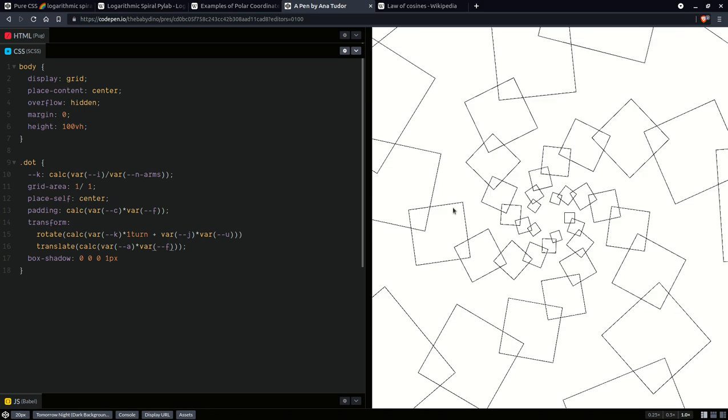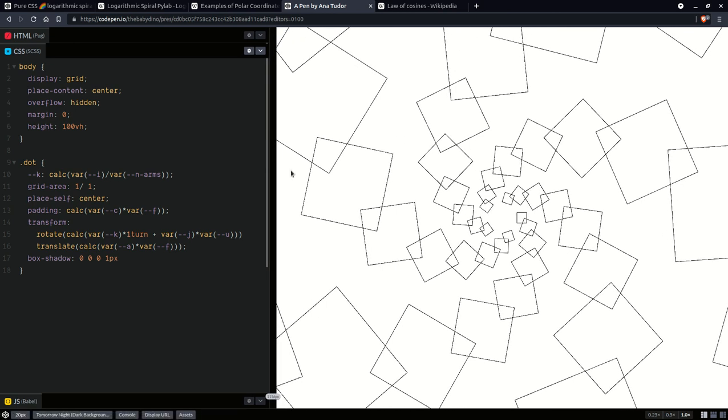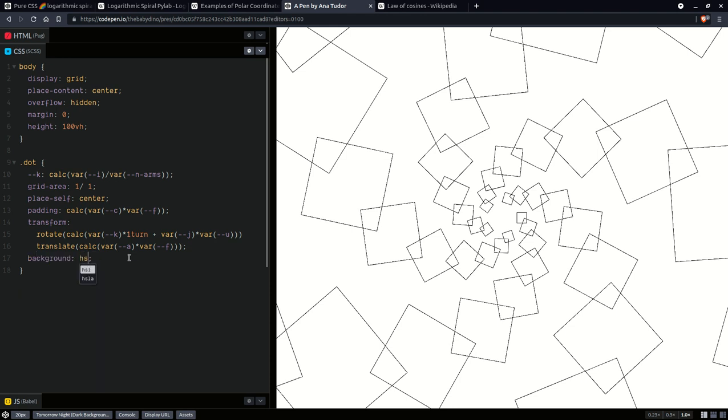Right, so we are going to start seeing something there. Let's set a background. Let's use an HSL value that also has the hue depending on that arm progress, so we have a different color for each arm.